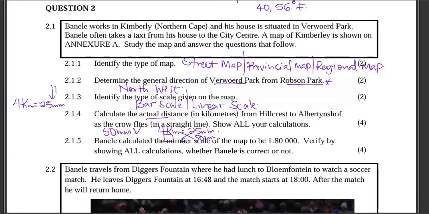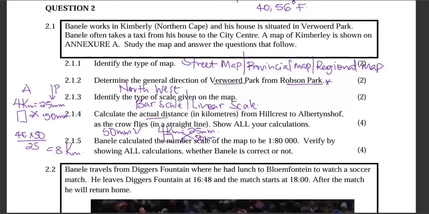This is on paper and this is actual. We also have the distance that we've measured, which is 50 millimeters on paper. What is it in actual sense? So what do we do? Cross multiply. This becomes 4 times 50 divided by 25. And the answer became 8 kilometers.